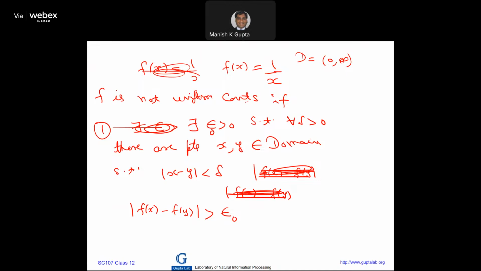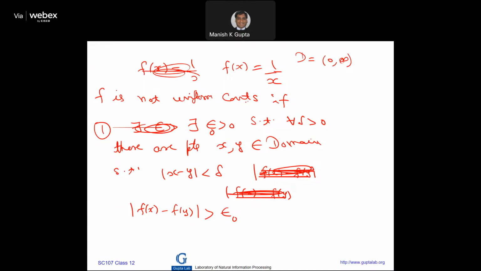In fact, कई बार इसको दिखाने में थोड़ा सा tricky होता है, थोड़ा lengthy होता है. So another characterization is there in terms of sequences. You take two sequences xn and yn which are close in the domain, so mod of xn minus yn is less than delta.